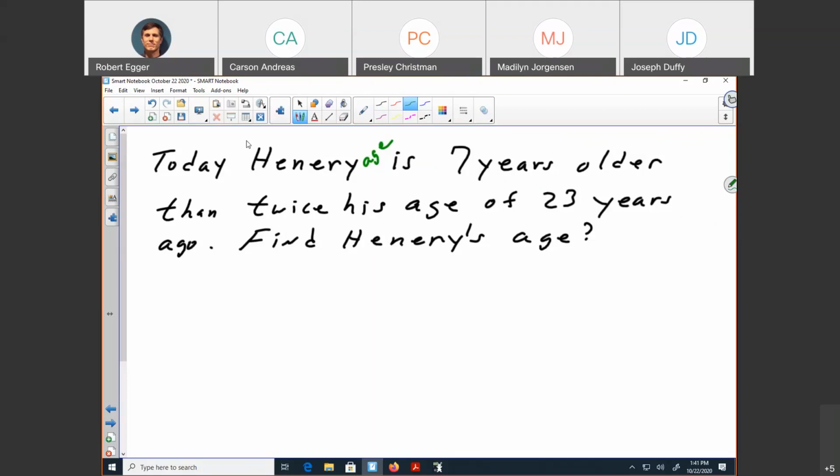Biggest thing is find what is the variable x. What would x equal? Think about it. X is Henry's age.